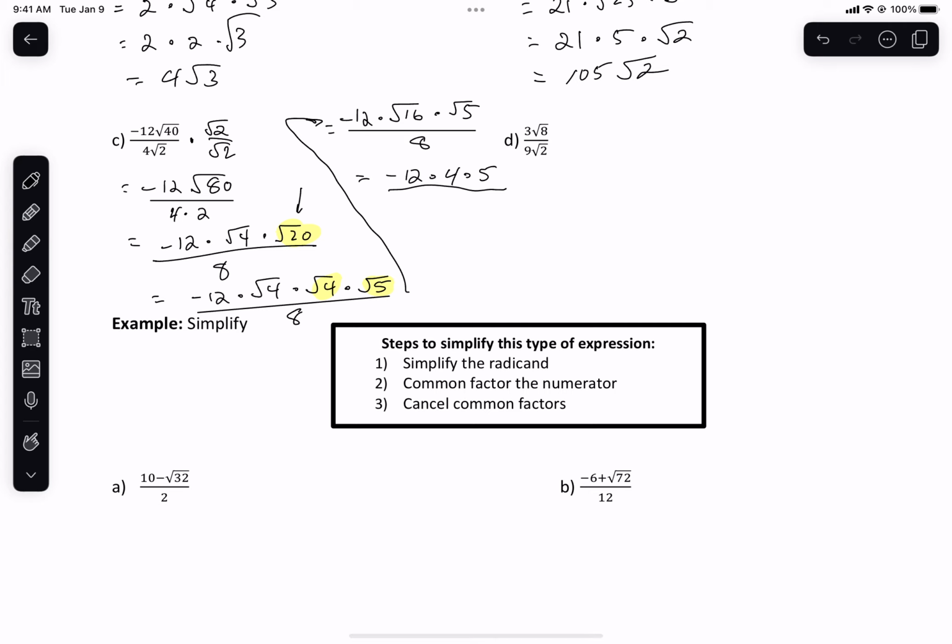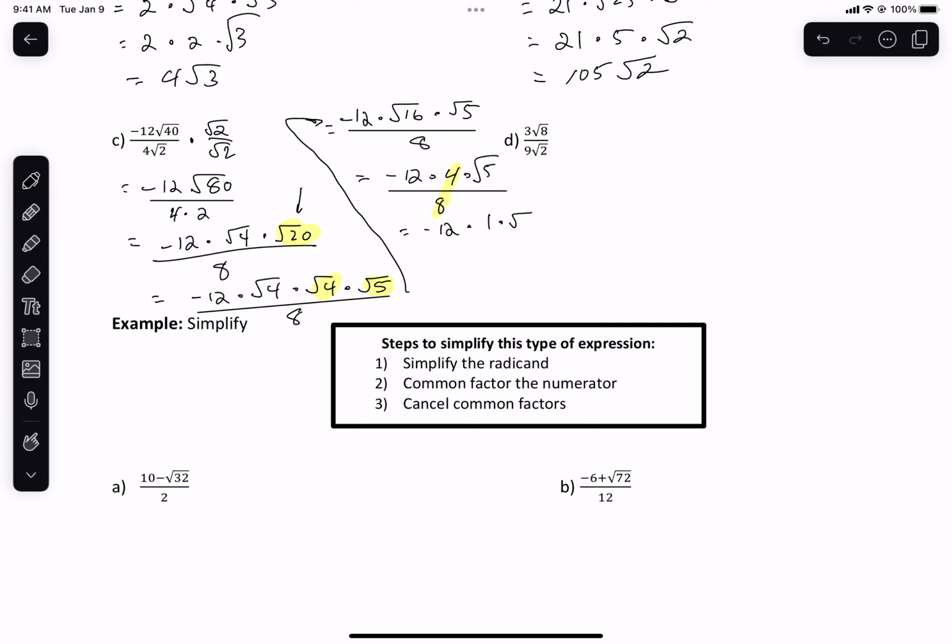Same thing again. Without the calculator, you can reduce 4 over 8. What's 4 over 8? Robbie? 1 over 2. So I get negative 12 times 1 times root 5, sorry, I missed a square root.